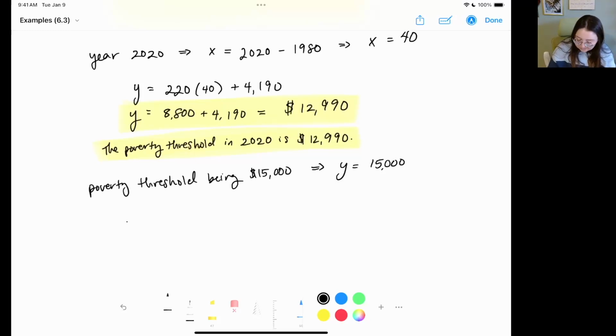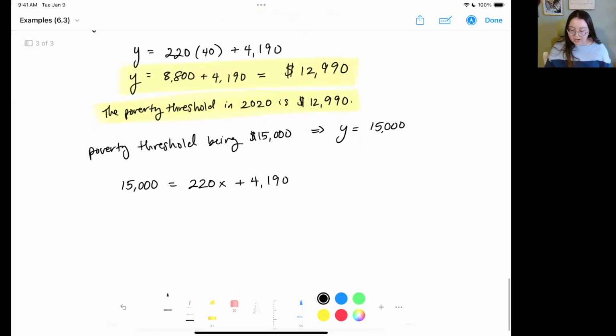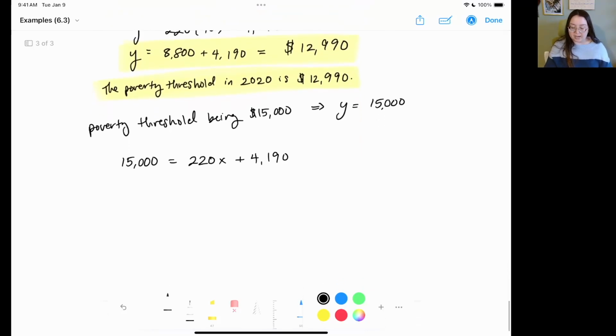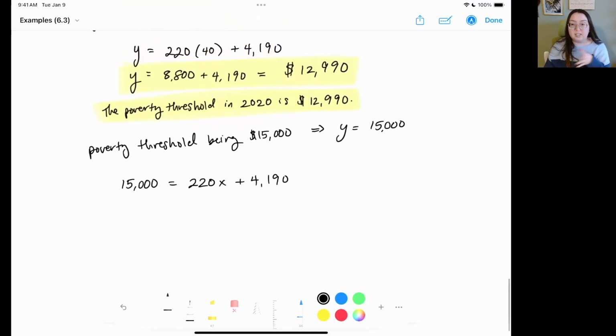So we had 15,000 is equal to 220x plus 4,190. Now we're going to solve for x. We're trying to find the year in which this happened, and x was the year.